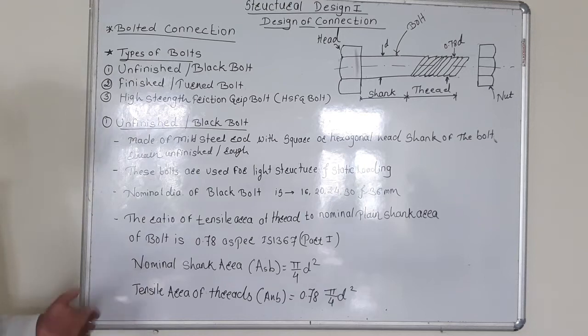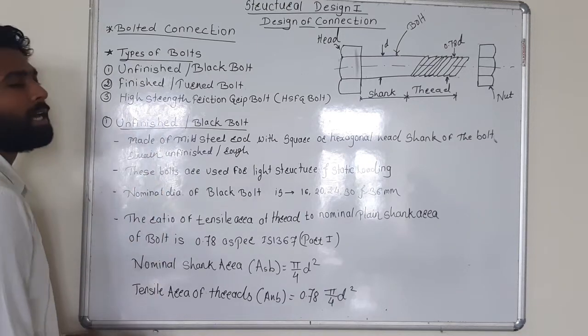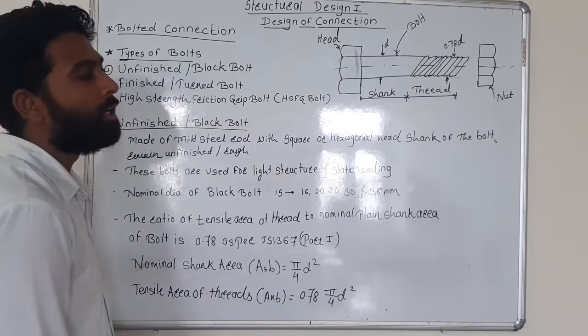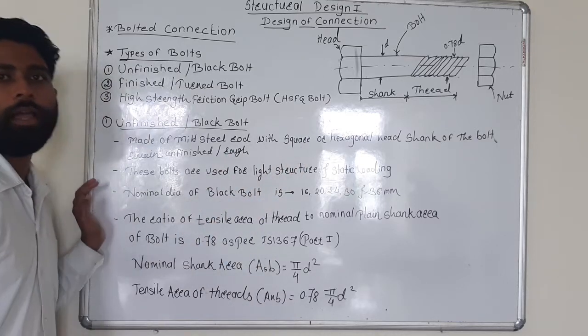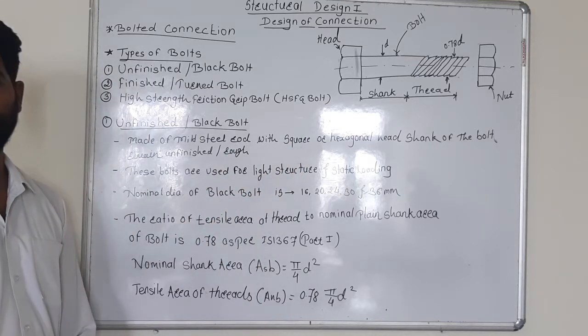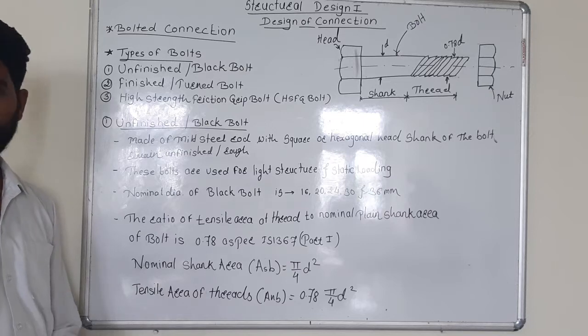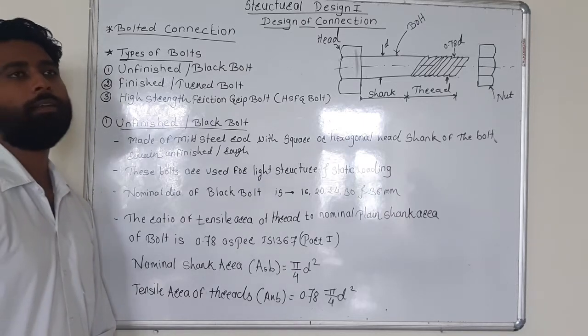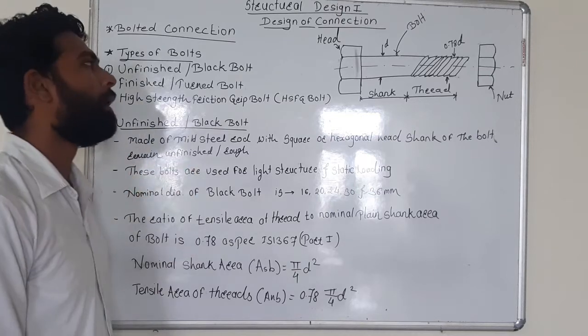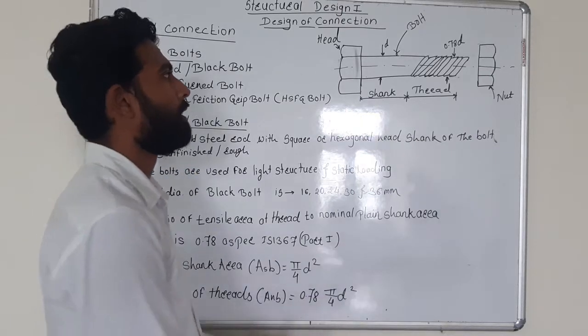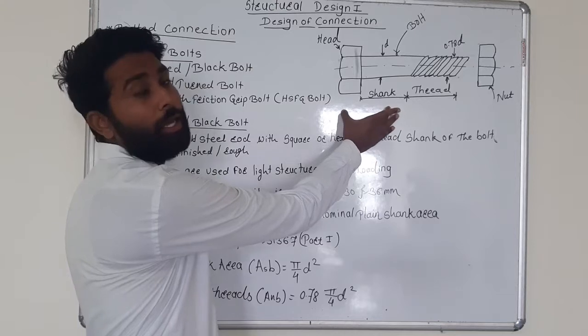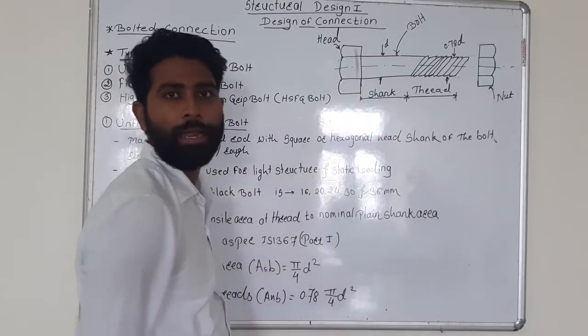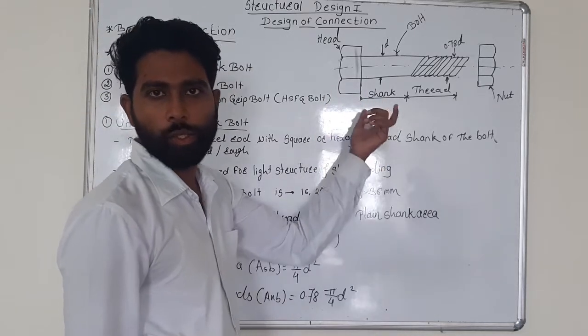Why is it called an unfinished bolt? Because the shank of the bolt is unfinished or rough. That's why it is called an unfinished black bolt. Here you can see what we mean by shank: the portion next to the head and before the thread is known as the shank.